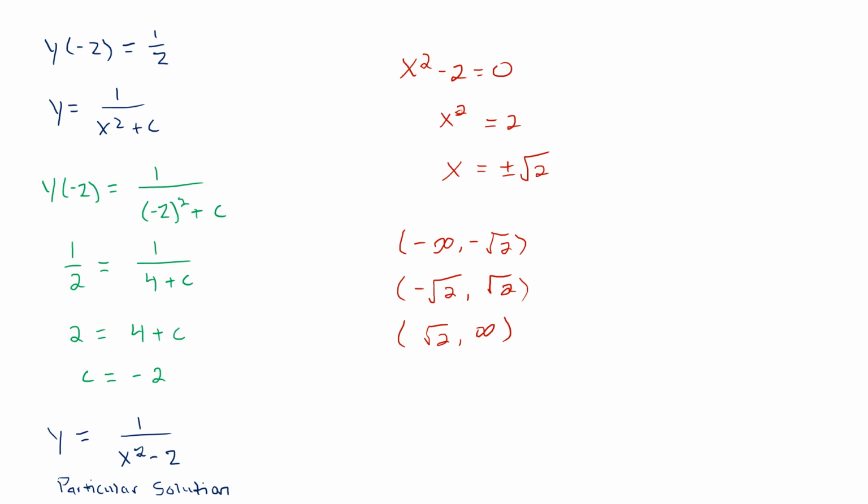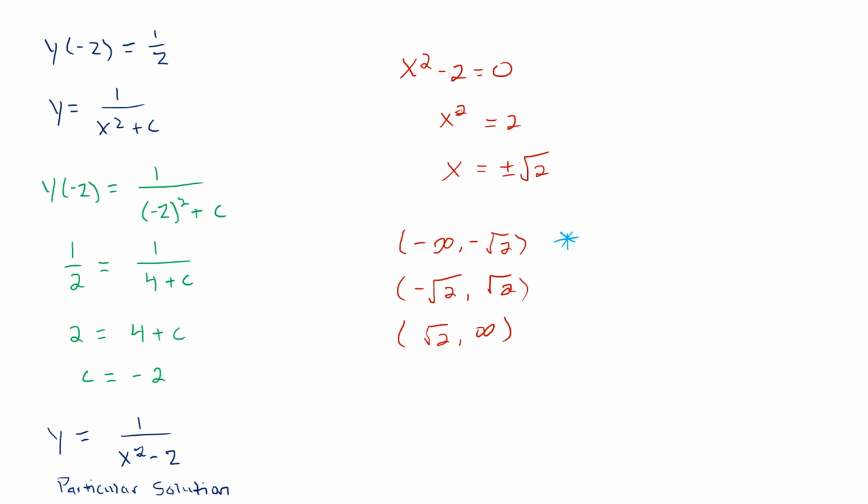Okay, but we now have to consider which of these intervals contains our initial condition, because our initial condition is a part of the solution to our differential equation. So the interval that contains our initial condition will be this first one here, -∞ to -√2.